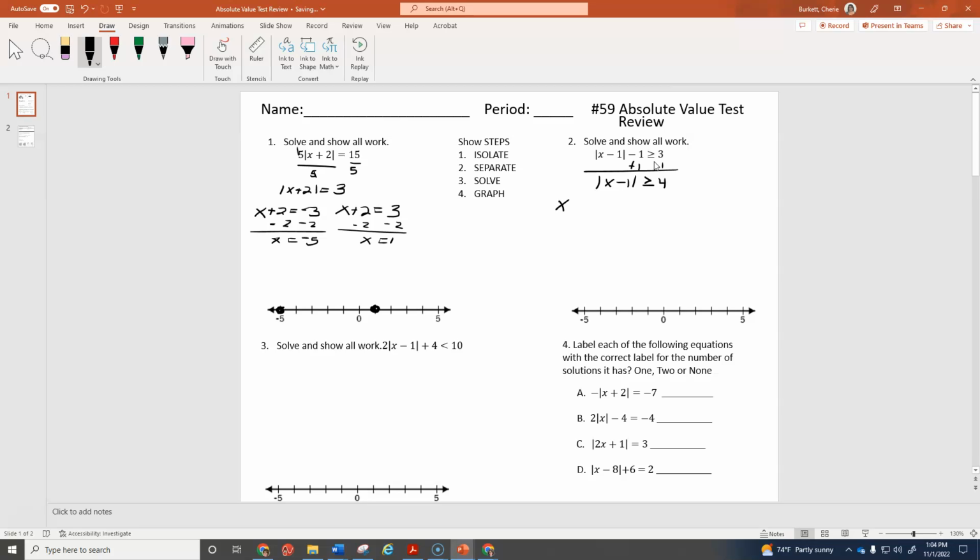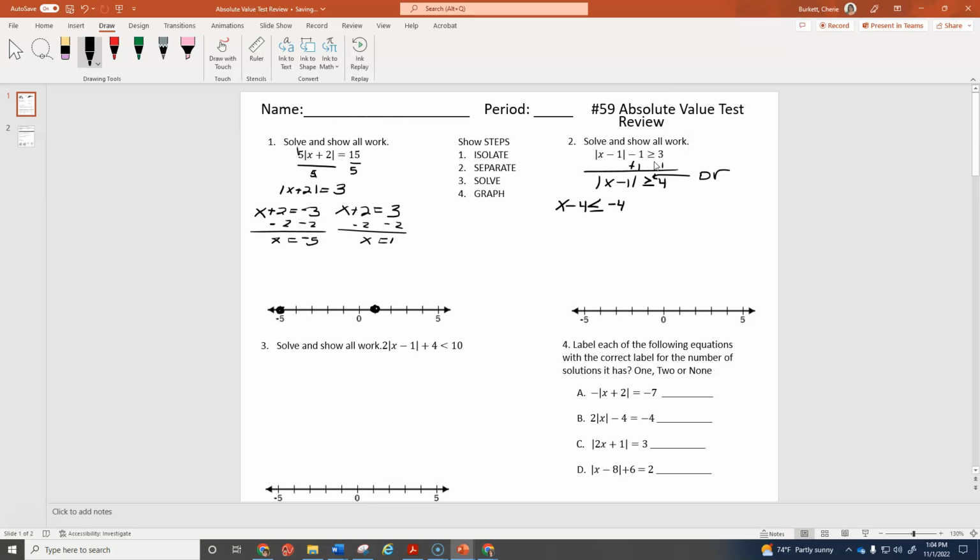Now I separate. When it's an inequality and I separate, when I write down the -4, I switch the direction of the inequality. I also look at this inequality once it's isolated. It tells me that this is going to be an OR problem because it's greater than.